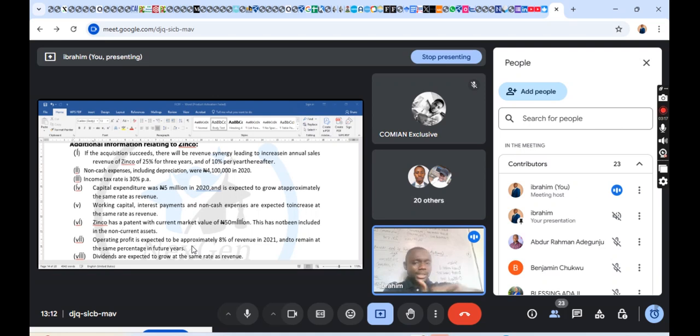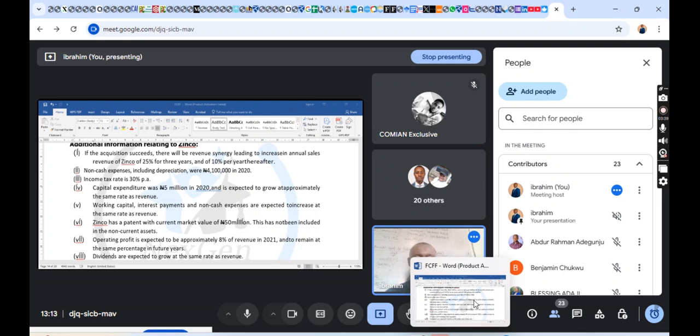You will still do 8% of the revenue in 2022 because they say it remains at the same percentage. 8% of revenue in 2022 will give you operating profit. 8% in 2023 will give you operating profit.